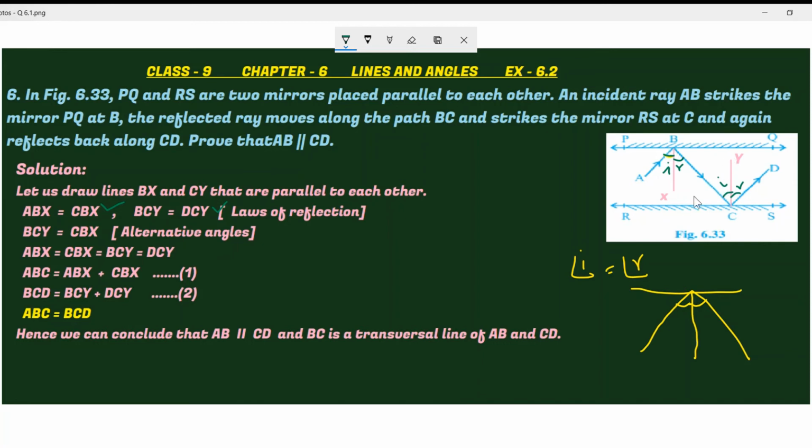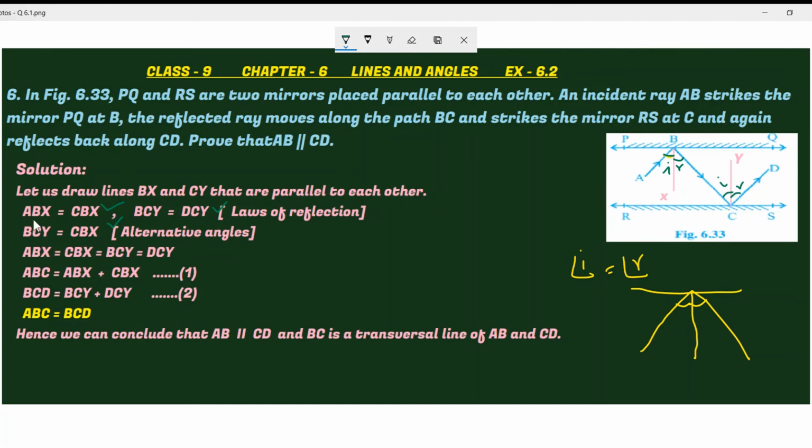If BX and YC are parallel, then BC is a transversal of BX and CY, and these two angles are alternate interior angles. We know alternate interior angles are equal. So BCY is equivalent to CBX.